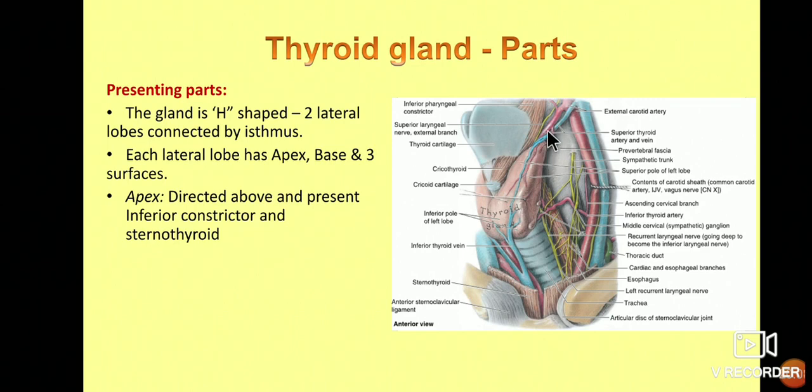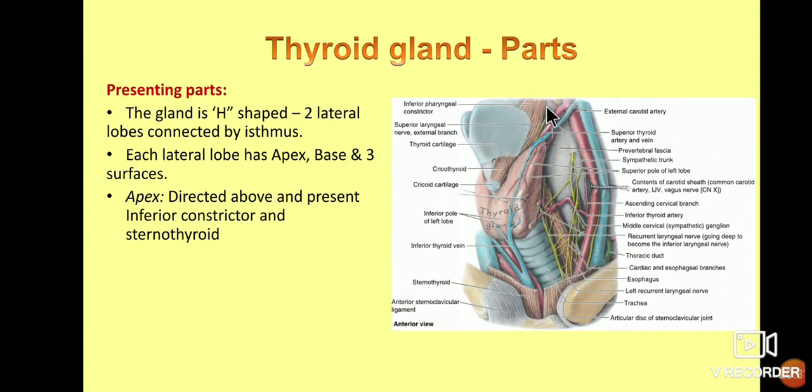Not only that, near the apex, the superior thyroid artery and this nerve you are seeing here, the external laryngeal nerve, diverge near the gland. These two structures diverge or separate; before that, they travel in close proximity to each other.